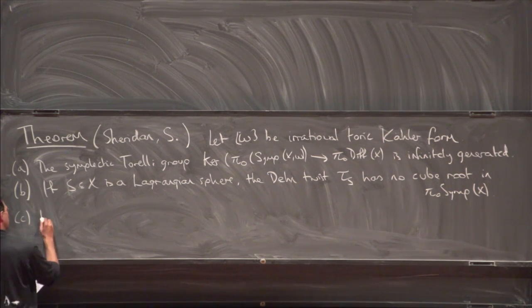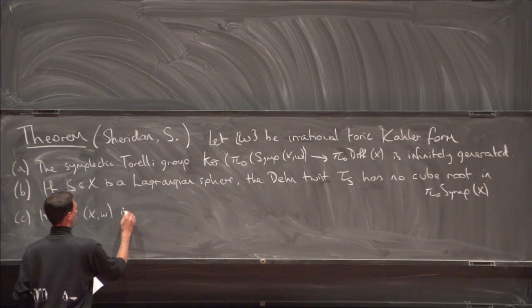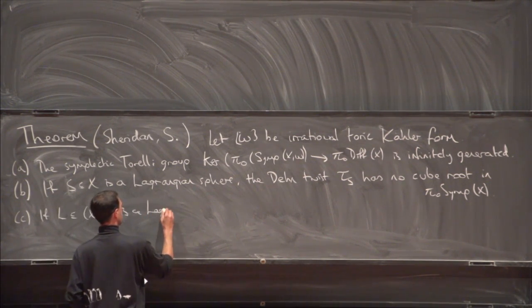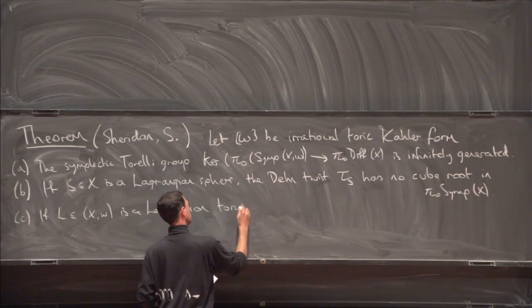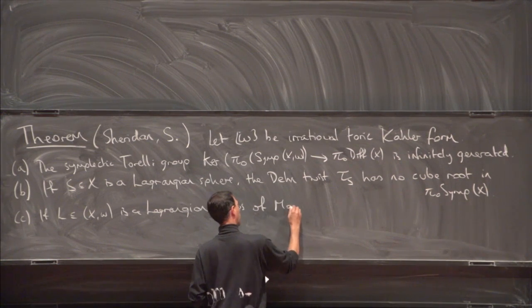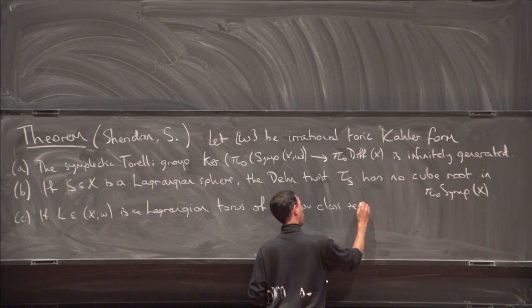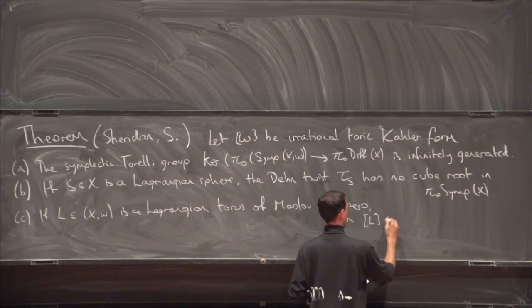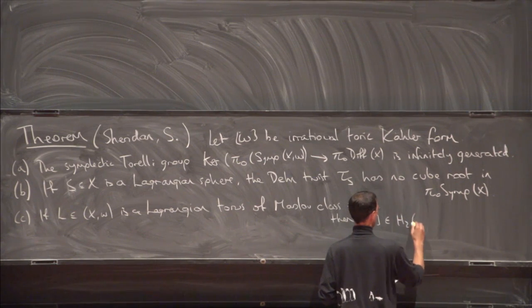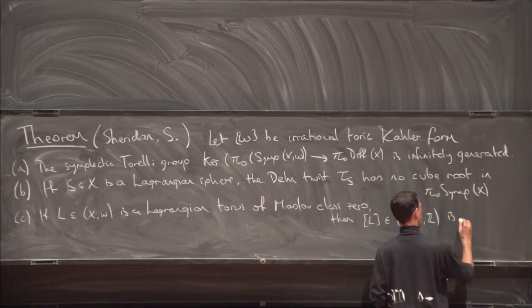And the third statement is that if L is a Lagrangian torus with vanishing Maslov class, then L defines a non-zero and indeed primitive class in homology.